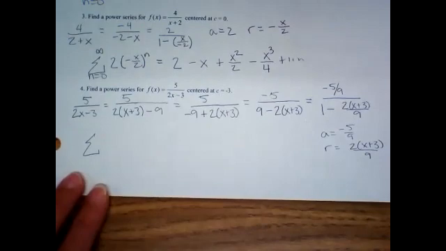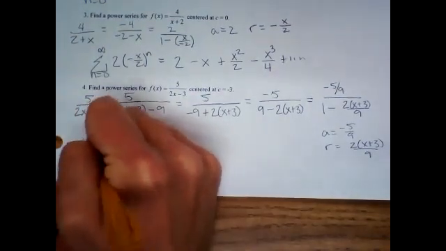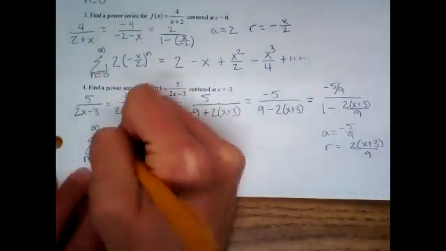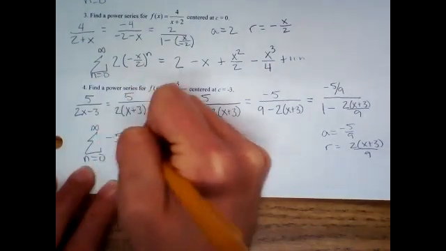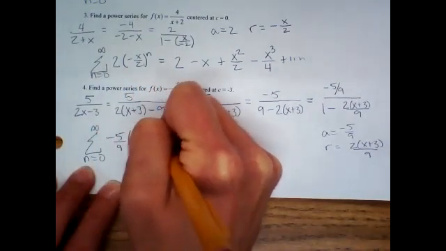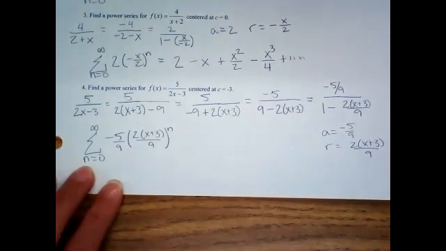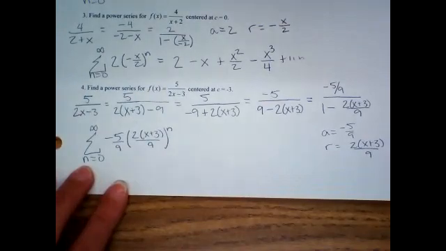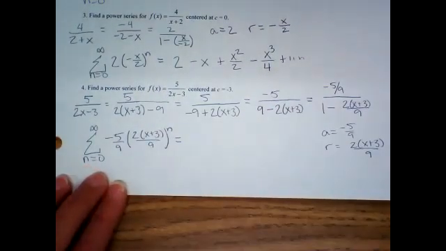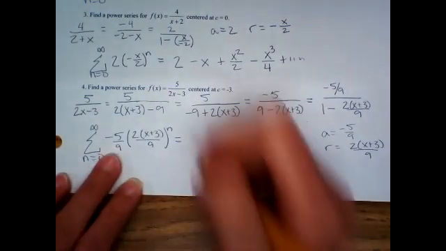Okay, just move stuff. So sigma n is 0 to infinity, and again, it's a times r to the n. I just want us to list out the first few terms. So the first one will be -5/9.